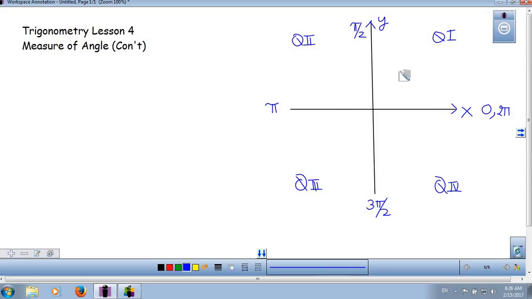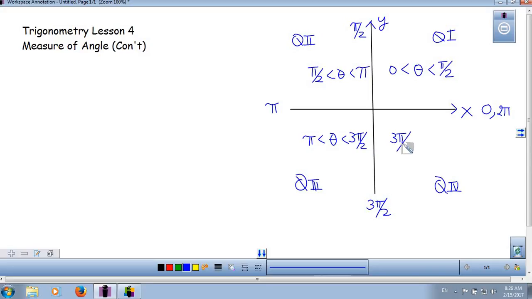So in quadrant 1, all the angles are between 0 and pi over 2 radians. In quadrant 2, all the angles will be between pi over 2 and pi radians. And all the angles in quadrant 3 will be between pi and 3 pi over 2 radians. 3 pi over 2 is also 1.5 pi, if you think about that.